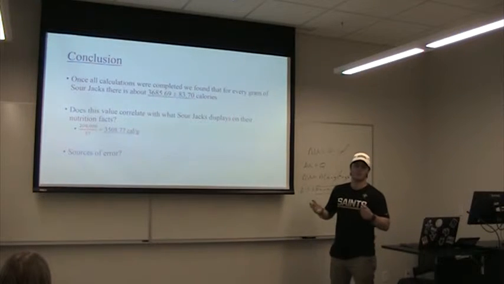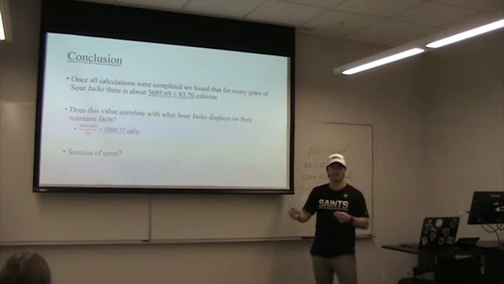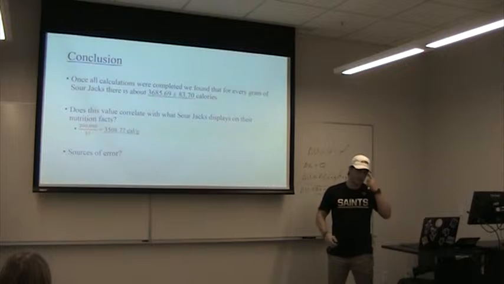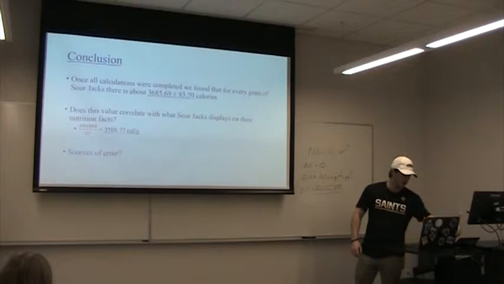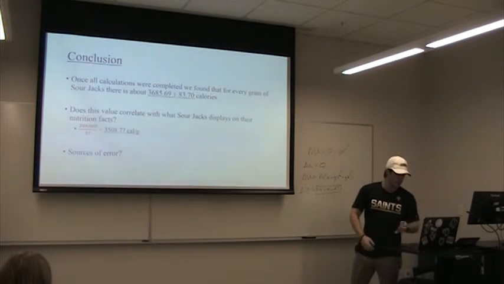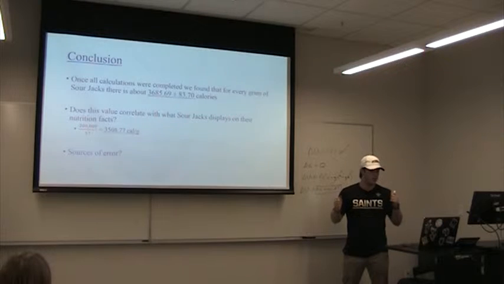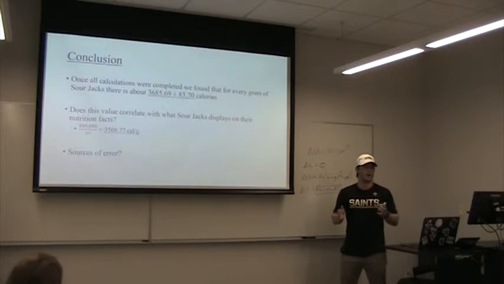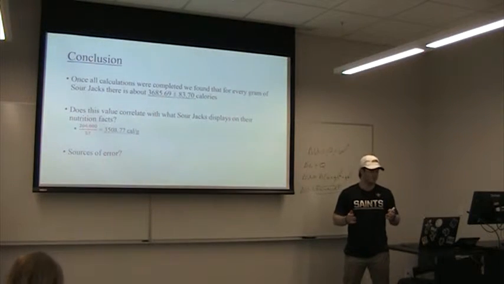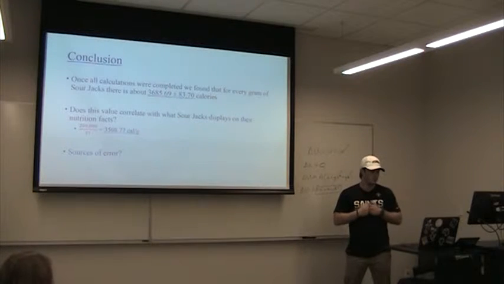So what does this mean? Is their number incorrect? Is my number incorrect? Well, let's talk about a few sources of error. And so these numbers are comparable, so we're in the ballpark, and that's a good thing. But there's probably some error in the system, so what could some of these errors be? Let's see.